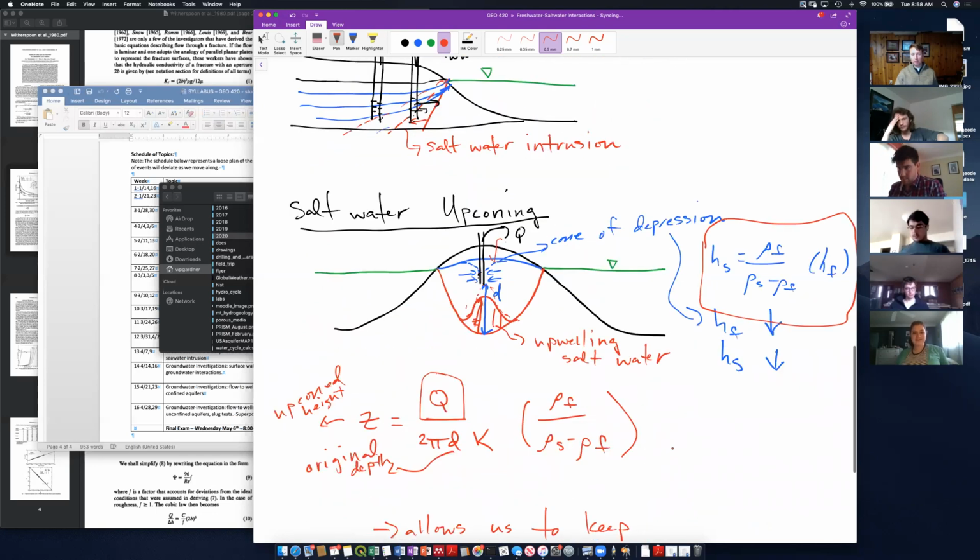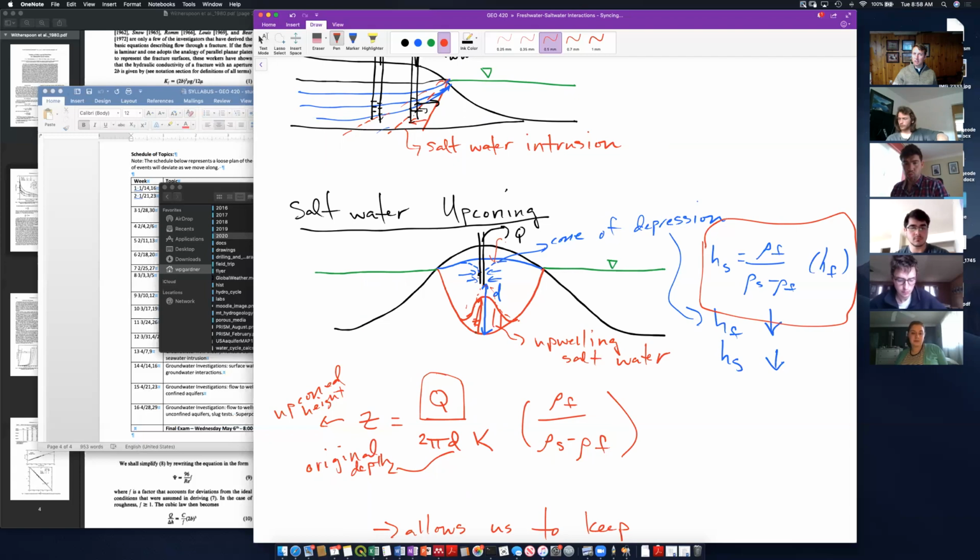especially for the upconing one since I've flubbed the drawing. I also wanted to mention that last Thursday we did those fracture flow, or effective continuum, calculations. The equation was right.